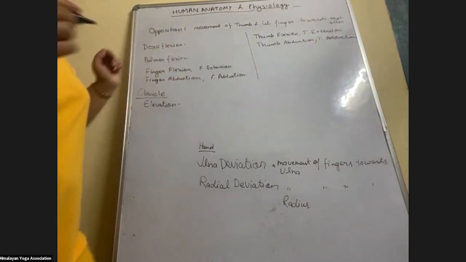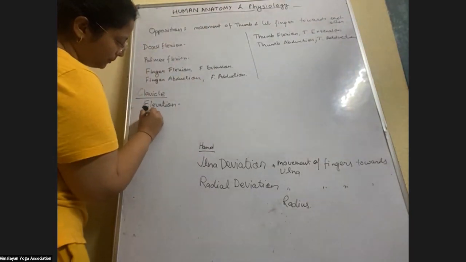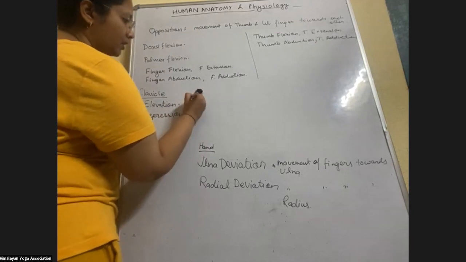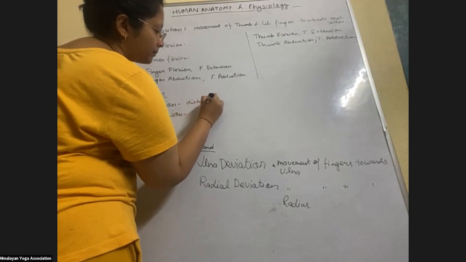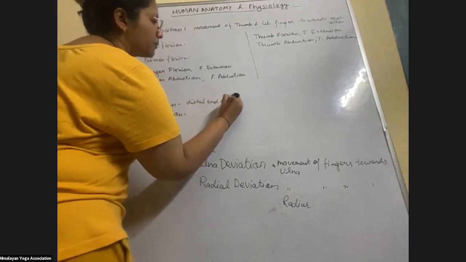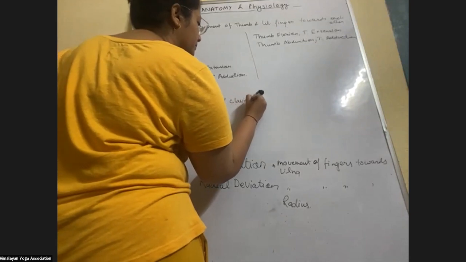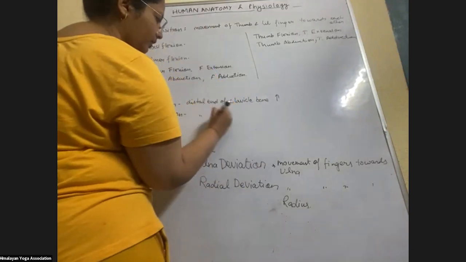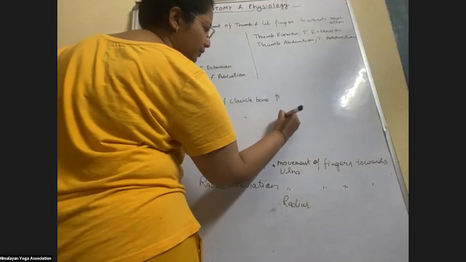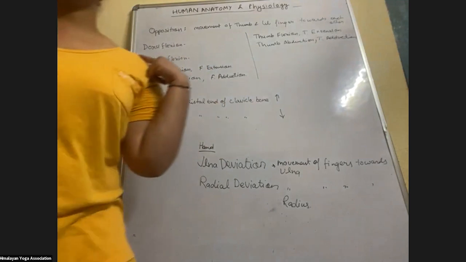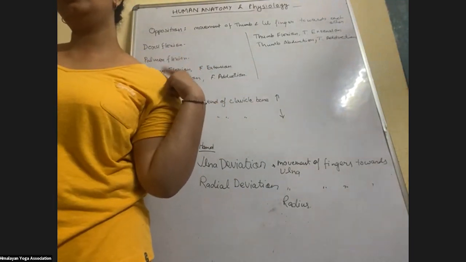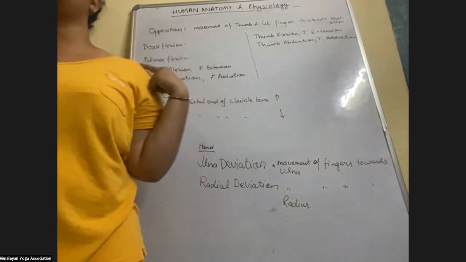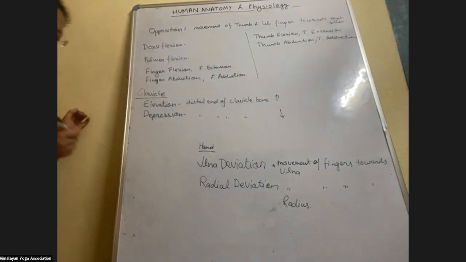And then we have depression. When this clavicle bone moves downward, it's called depression. Elevation, depression. Elevation, depression.